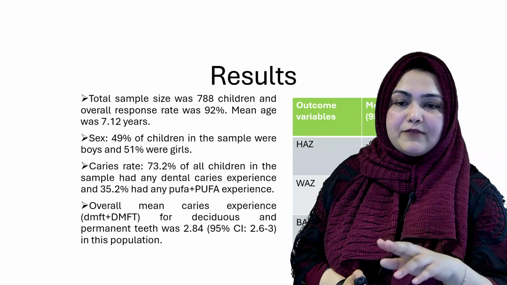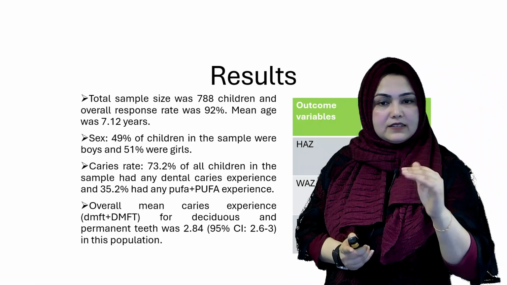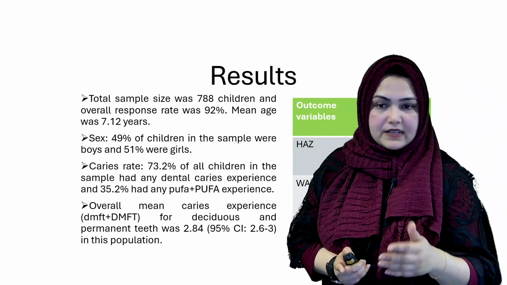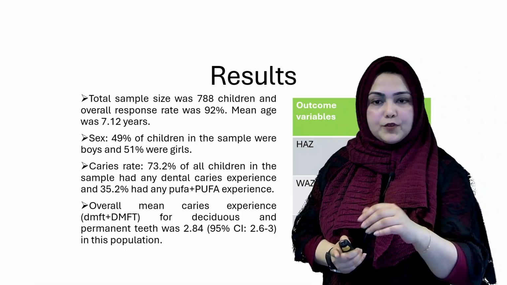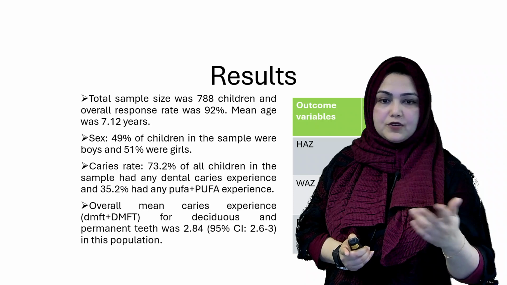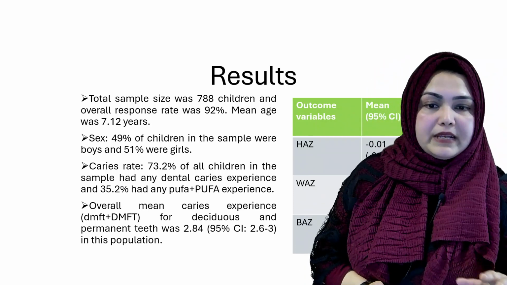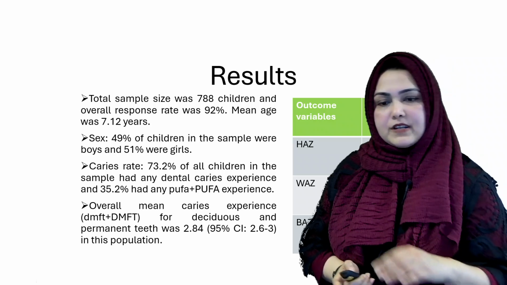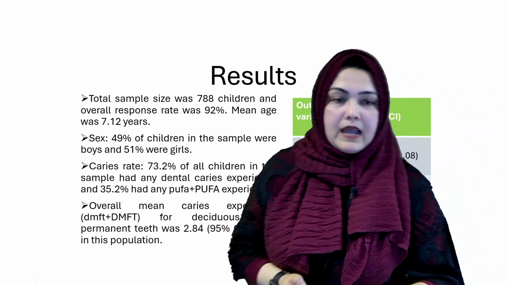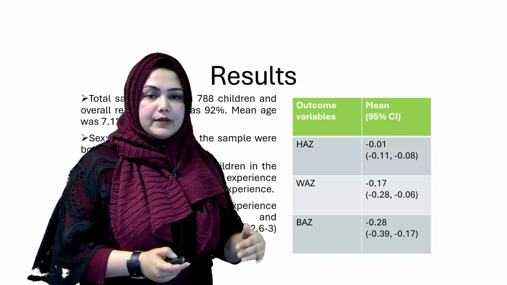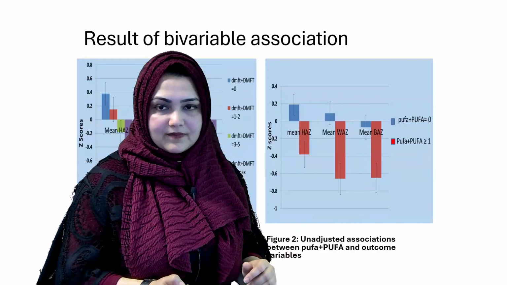And 73.2% of these children had dental caries experience, any form of dental caries, and 35% had PUFA, that's pus, ulceration, fistula or abscess. And overall mean caries experience of deciduous and permanent teeth was 2.84. And this was the mean height, weight and BMI Z score in this study population.